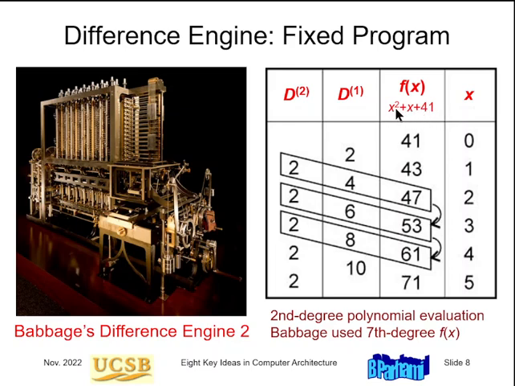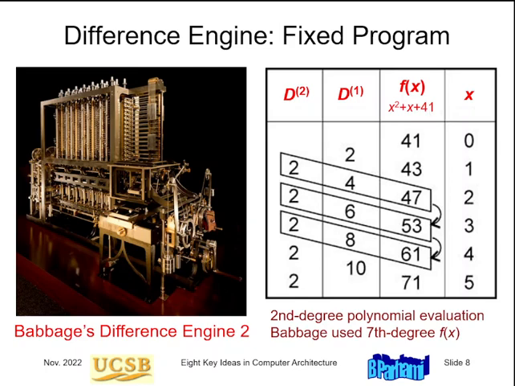So if I want to evaluate this polynomial x squared plus x plus 41 for different values of x, one way to do it is basically to use a squarer or a multiplier to compute x squared, then add to that the value of x, and then add 41. So 1 multiplication and 2 additions.